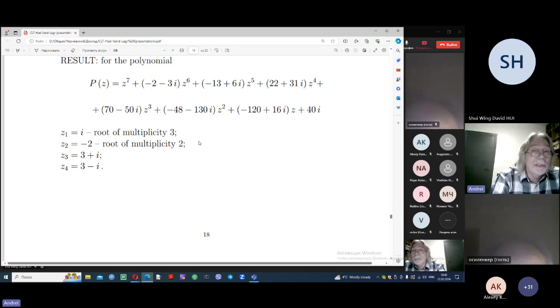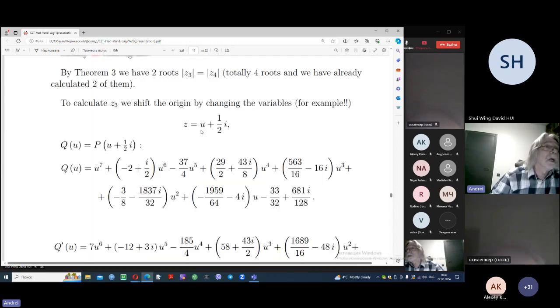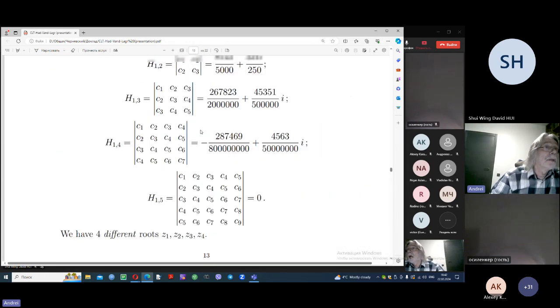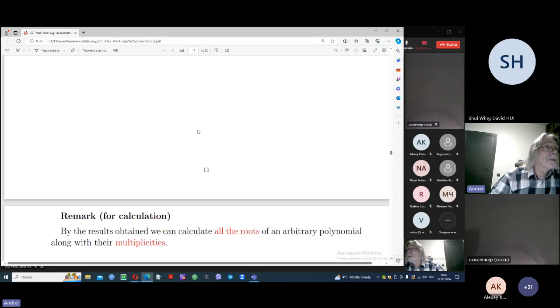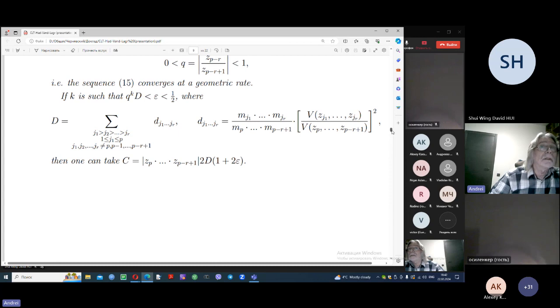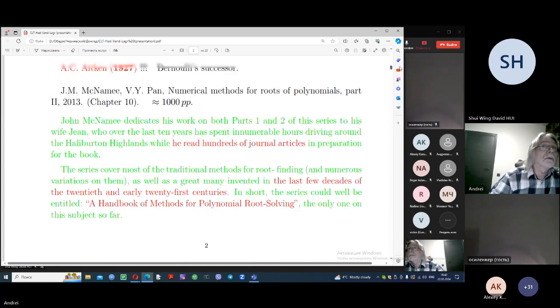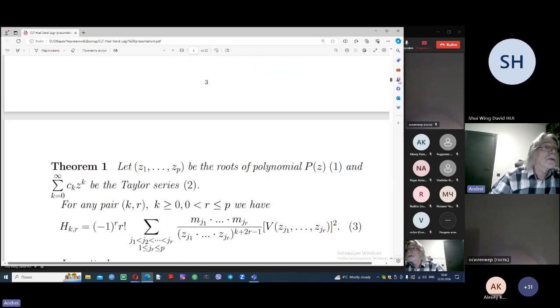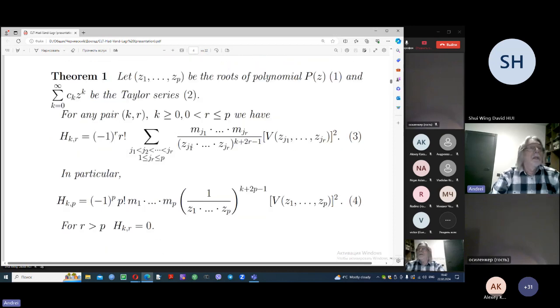I can comment a bit on the proof of the results. I recall that, in fact, there are, one would say, three main results. So the first result is that we have the following formula linking the Hadamard determinant and the Vandermonde determinants.